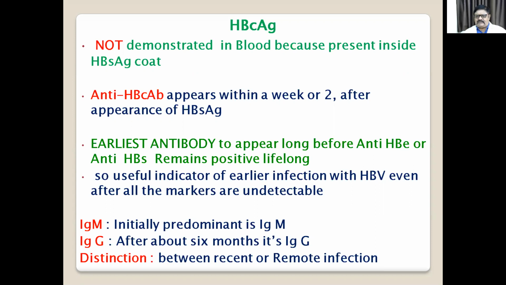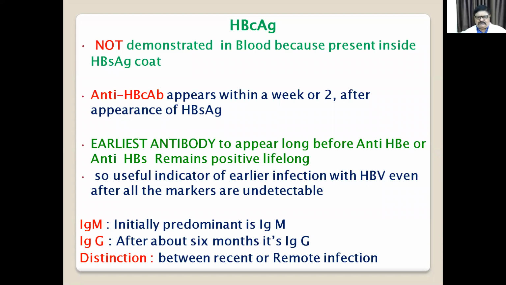Not only is it the earliest antibody, it occurs before anti-HBe and before anti-HBs, and it is also there lifelong. So not only is it useful as the first antibody to appear, but also a useful indicator of earlier infection with hepatitis B virus, even after all the markers are undetectable. That is the most important.